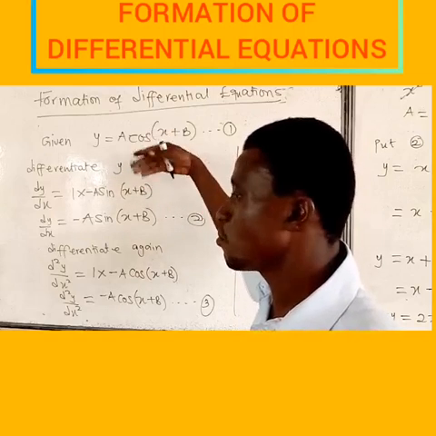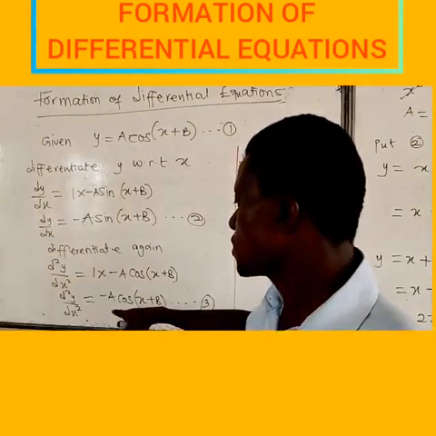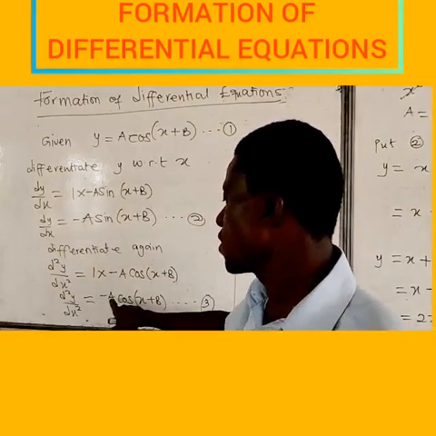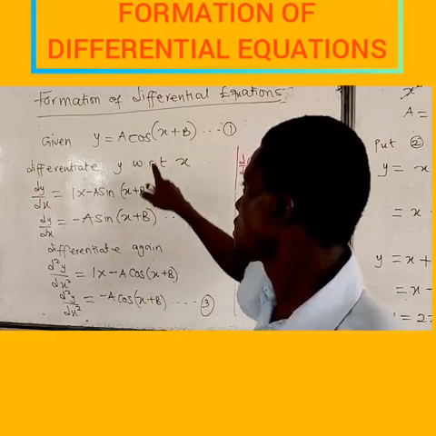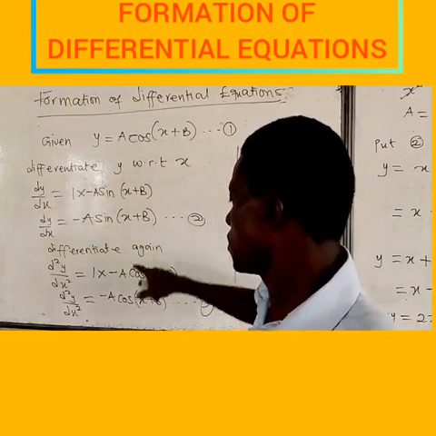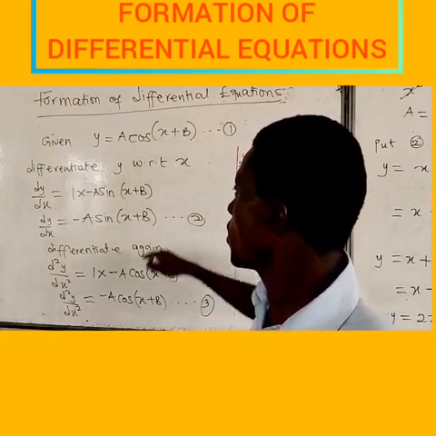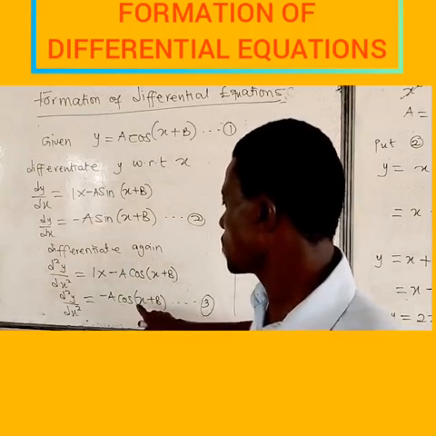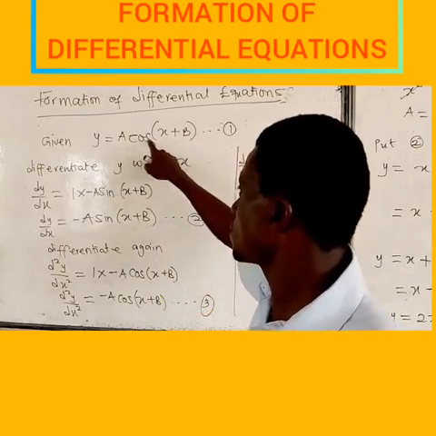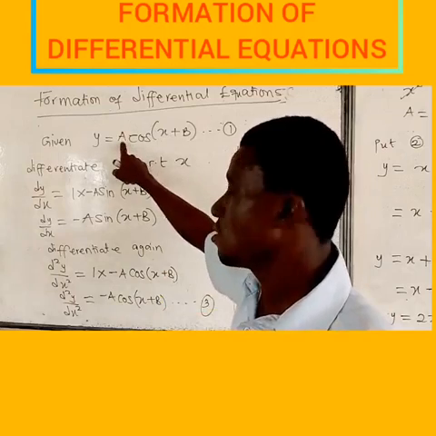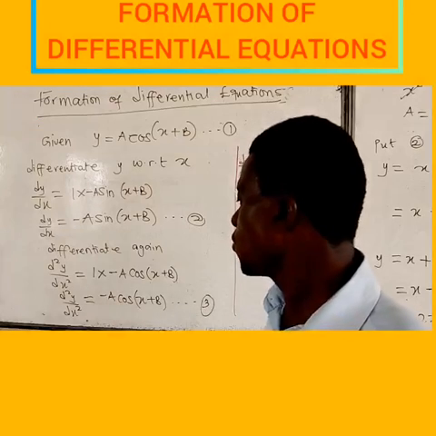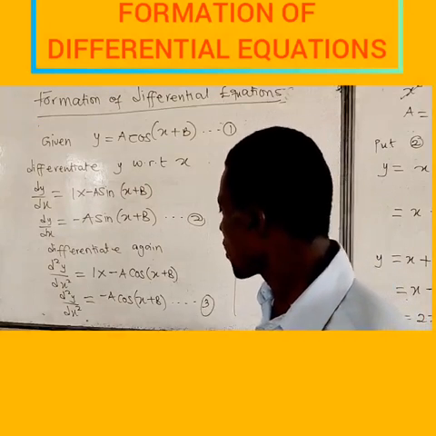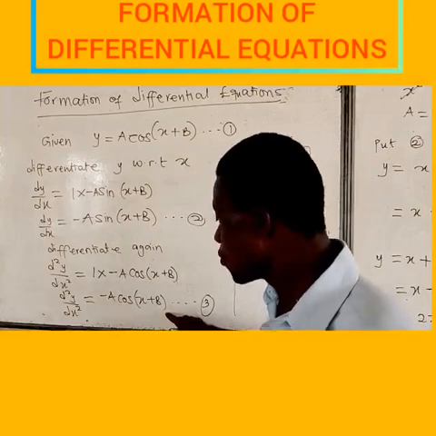So the function is repeating itself. After differentiating it 2 times, we have cos(x + b), and the original also has cos(x + b). We also have a multiplying equation 3. So all that we need to do is replace. We want to eliminate.